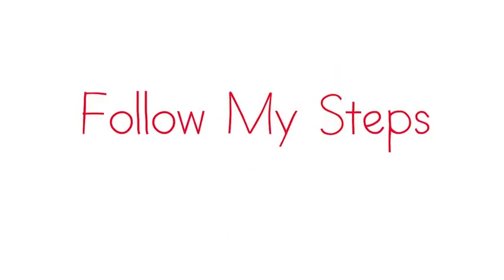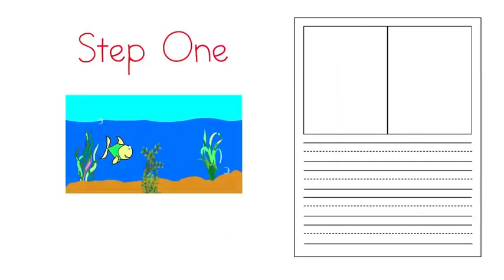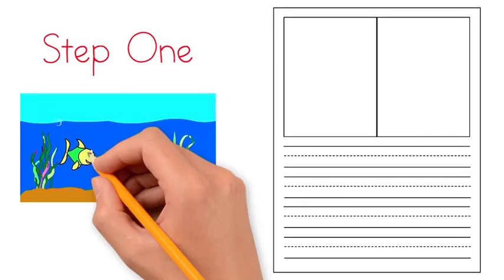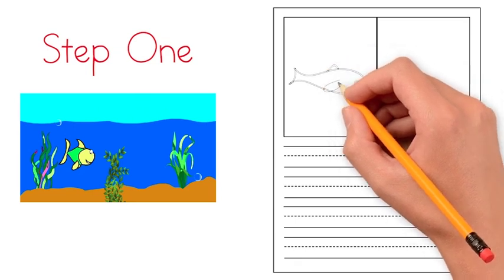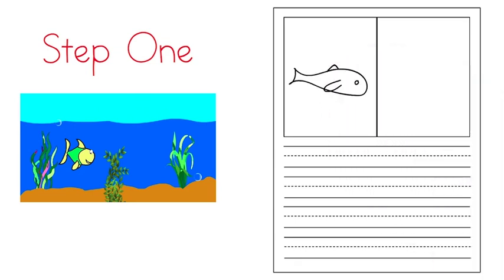Follow my steps. Step 1. Point with the pencil to the cartoon and ask, who or what is this about? A fish! Go to the planning page and draw a quick sketch of a fish in the top left box.